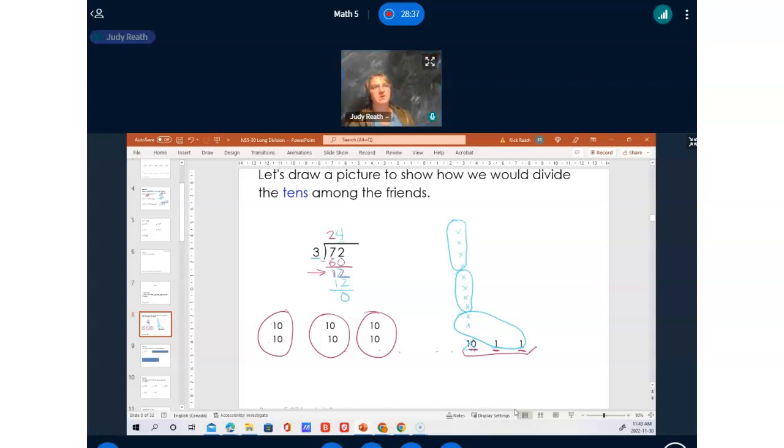Okay? So just to recap, here are the steps that we do. First we divide. We did 70 divided by 3. Then we multiply. 3 times 2 gives us the 6. And then subtract.